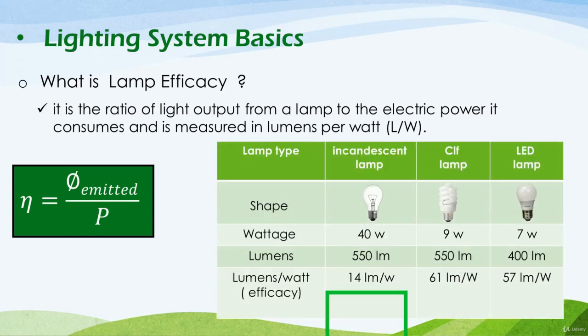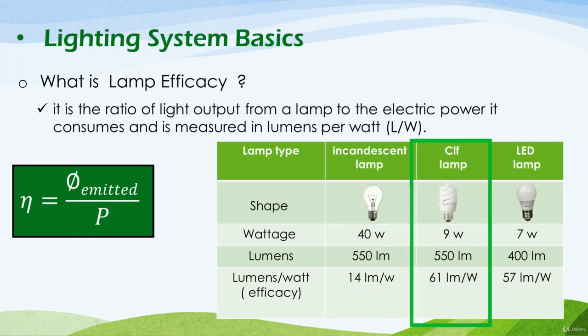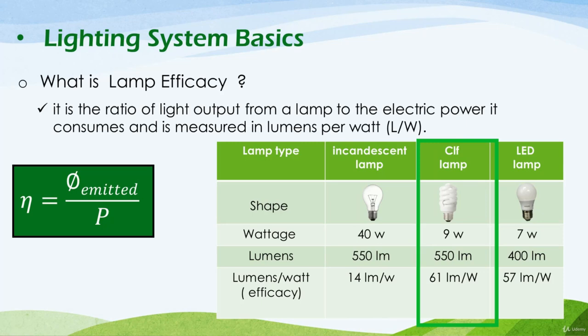For example, we can have an incandescent lamp that consumes 40 watts and produces 550 lumens. So its efficacy at that condition is only 14. While another compact fluorescent lamp can produce about 550 lumens, but with an input power of 9 watts only.